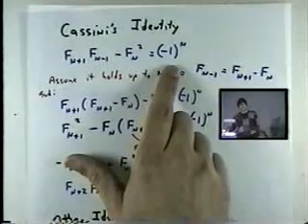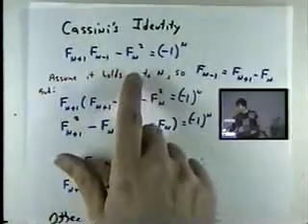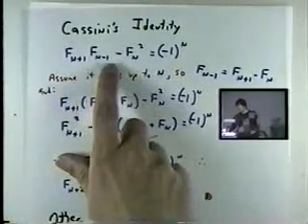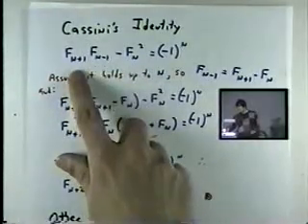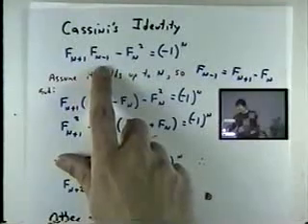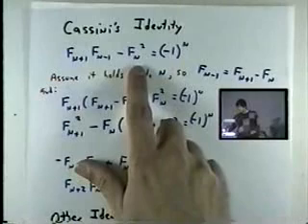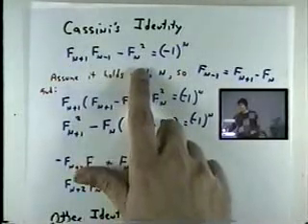Okay? Any questions about what that means? It says basically that the product of the Fibonacci numbers above and below is almost exactly the nth Fibonacci squared. Okay? Any questions?